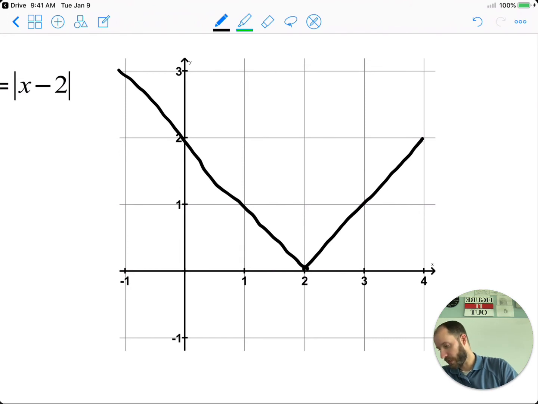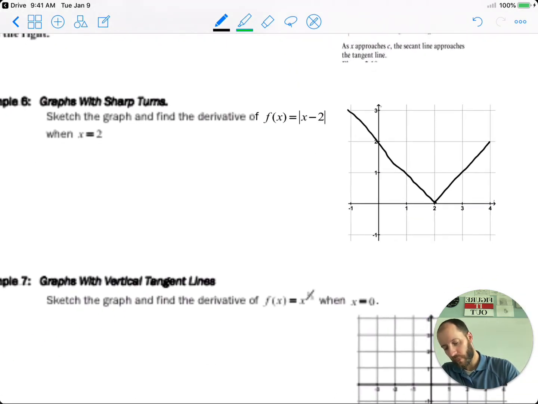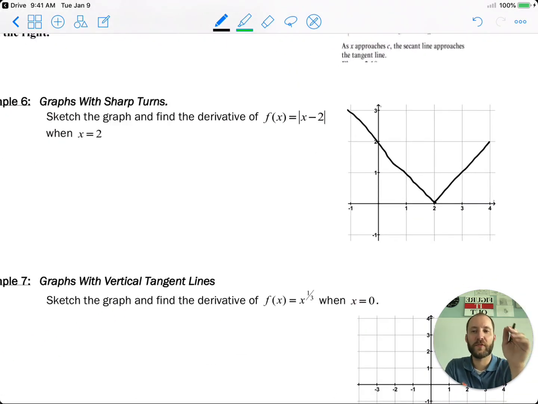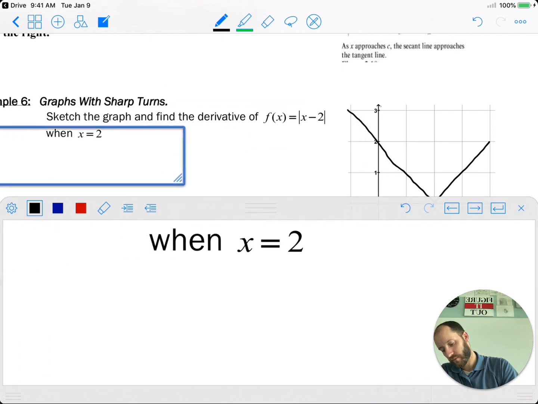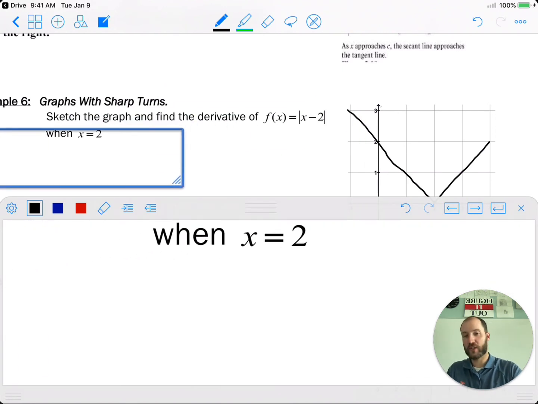Now let's get to the graph and find the derivative at x equals 2. Let's look at the two one-sided limits. Let's start with coming in from the left.